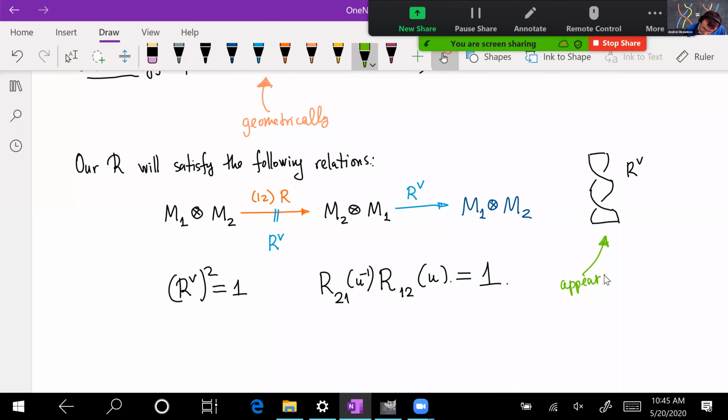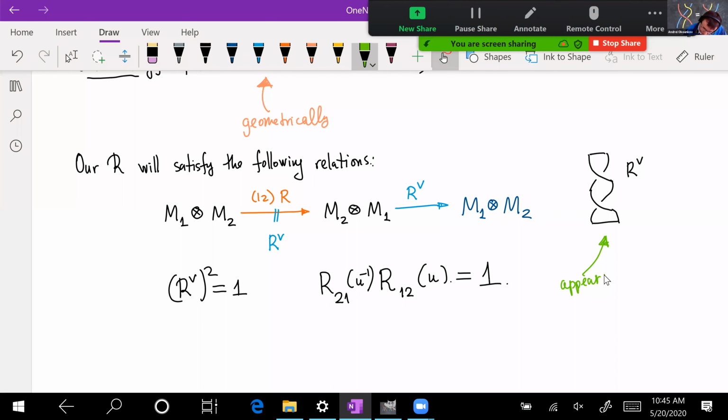And also similarly, if we want to reorder, so this is one relation, and the other relation, if I want to have a triple product, then there are two different ways to put it in the exact opposite order. So two ways, and you'd like to compare.